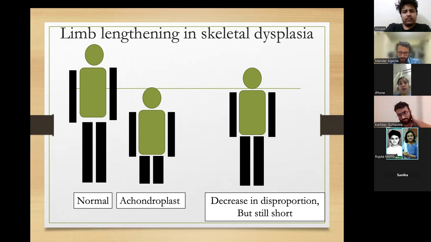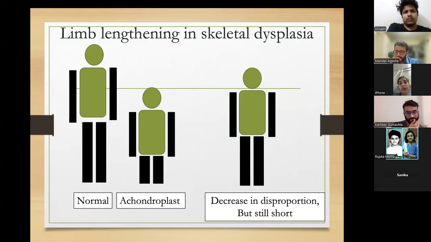So basically that cosmesis is to decrease the disproportion of limb segments in a case of achondroplasia. Now this is very controversial because it all depends on the society. I think Sandeep and I went to the same place in Korea where we used to do a lot of these achondroplast lengthenings. And in the Korean society, limb lengthening for achondroplasia was a very accepted means, and they used to tolerate it very well.